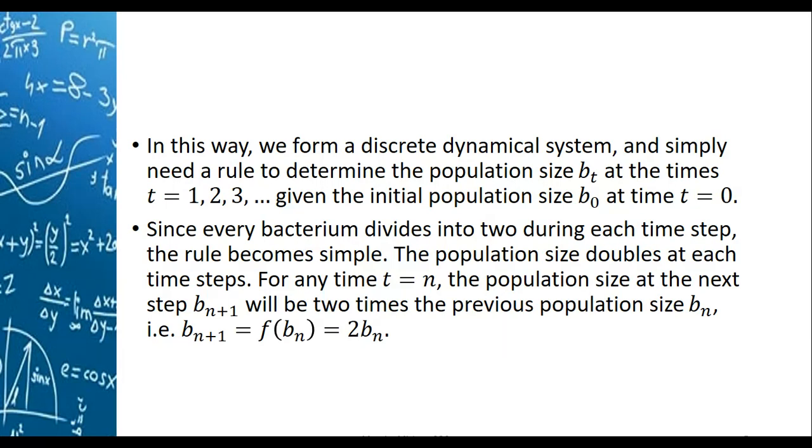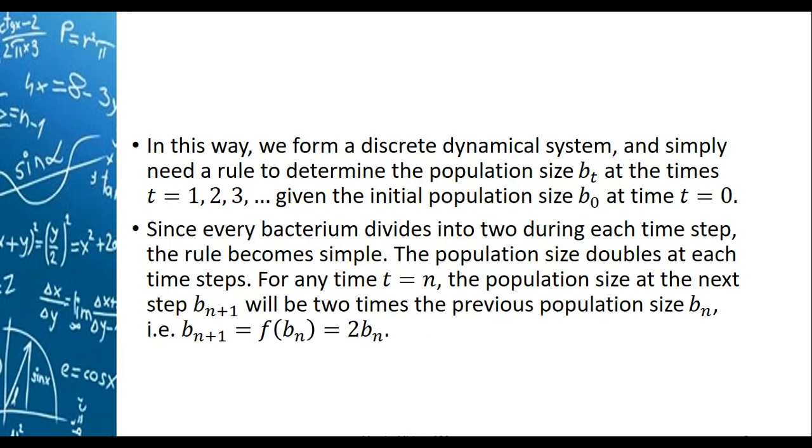So for example, we start off with bn, and bn plus one means the next step, one step ahead, not two, not three, but one step ahead. It must be two times the previous population, right?